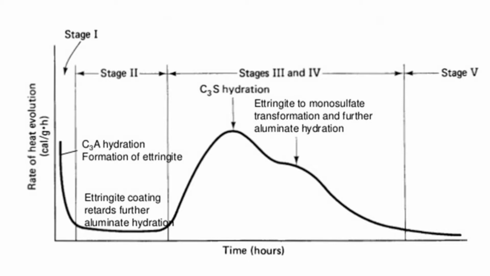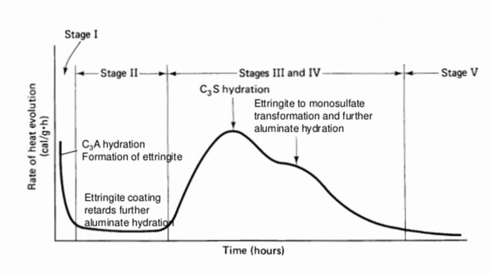First, in stage 1, as I told you, C3A has a higher affinity towards water and gets reacted with water, but due to the presence of gypsum, its reaction is retarded and it forms ettringite, and that formation of ettringite lowers the temperature, and that is stage 2.